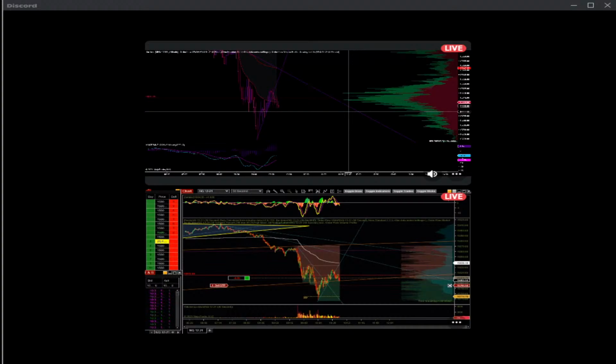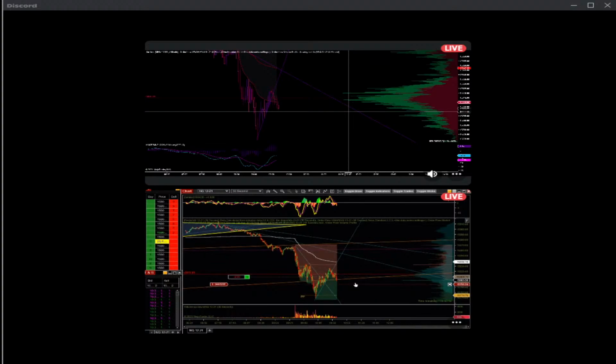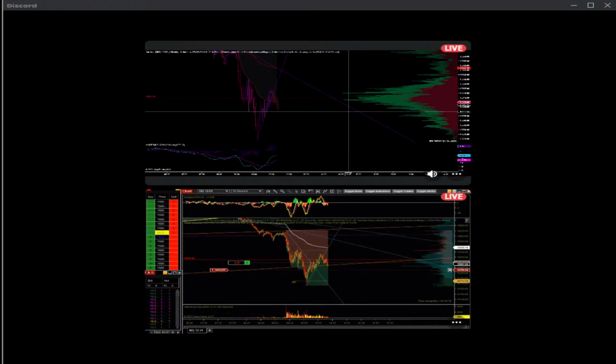I'm giving room all the way to the last shoulder here. If it goes below this, maybe it will be making an H. So we will see.